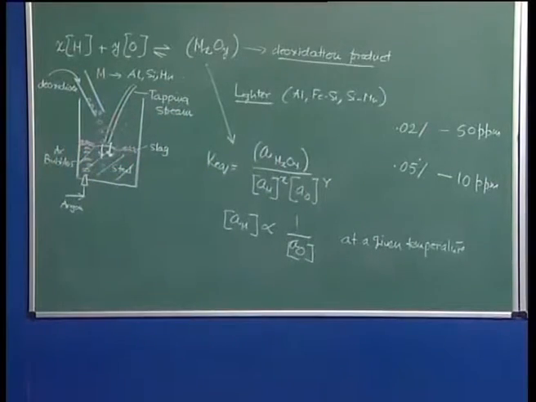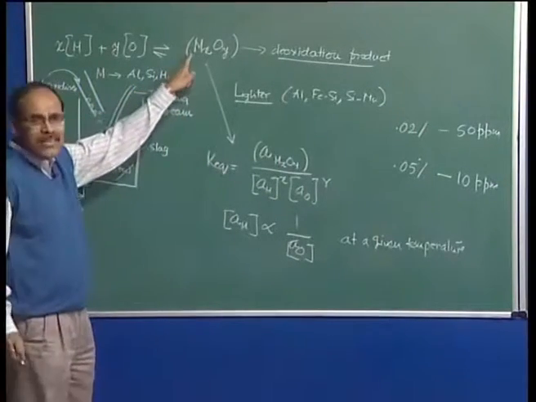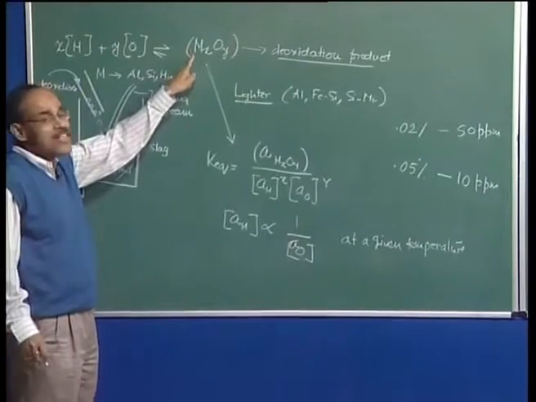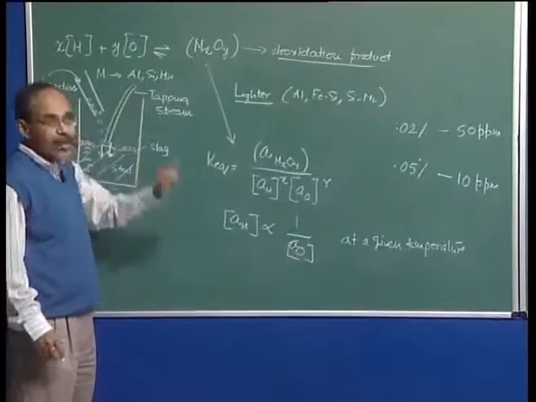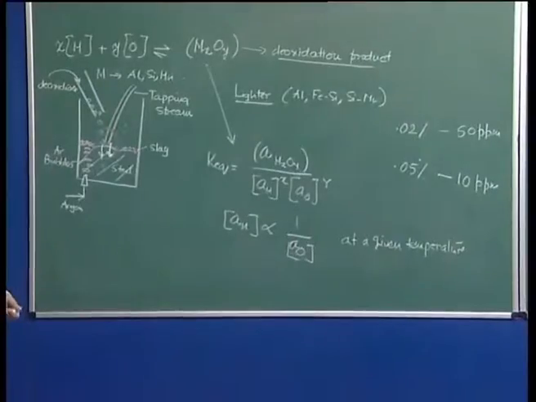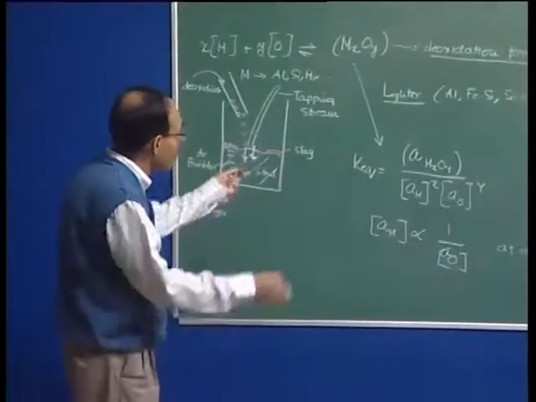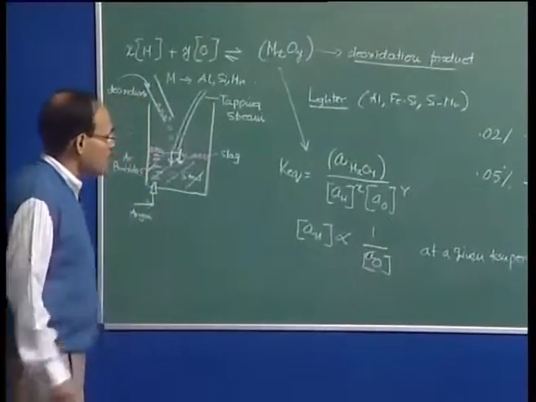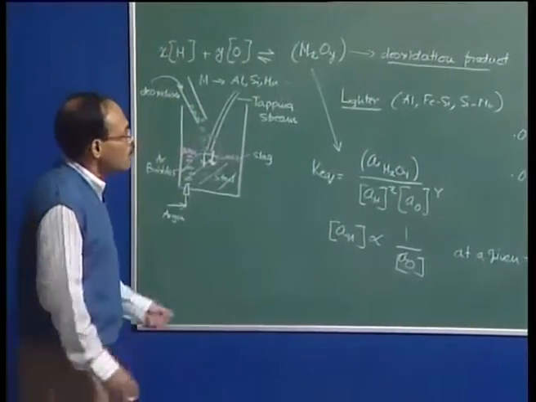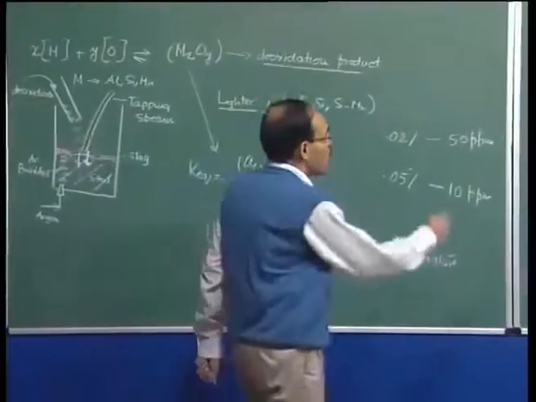When there is equilibrium. Now this deoxidation product need not be solid all the time. The deoxidation product could be liquid also, and under extreme cases, if you are using carbon to deoxidize the bath, just a hypothetical situation of course, in that case you have a gaseous deoxidation product, carbon monoxide or carbon dioxide, depending on what condition and oxygen potential you have in the system. So deoxidation products need not be solid all the time.